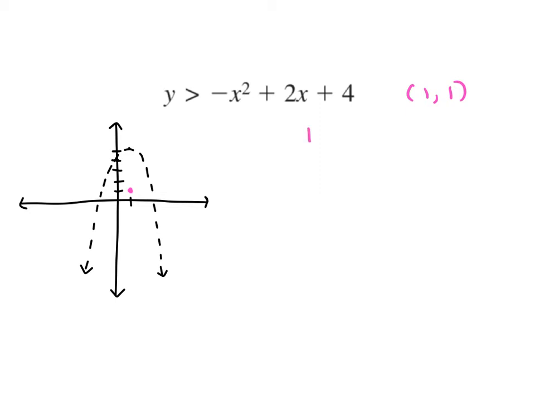So we plug in 1 for y, and we plug in 1 for x. So 1 squared plus 2 times 1 plus 4. We have a negative on the outside, so this is -1 plus 2 plus 4.